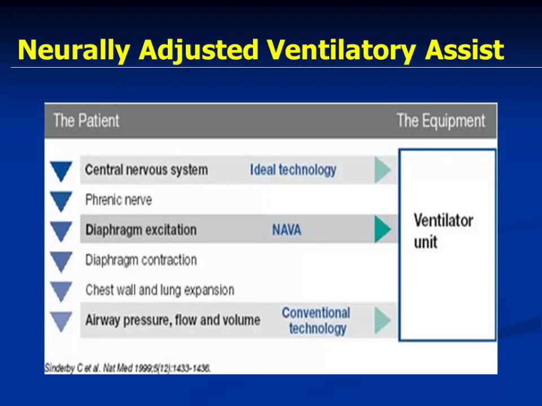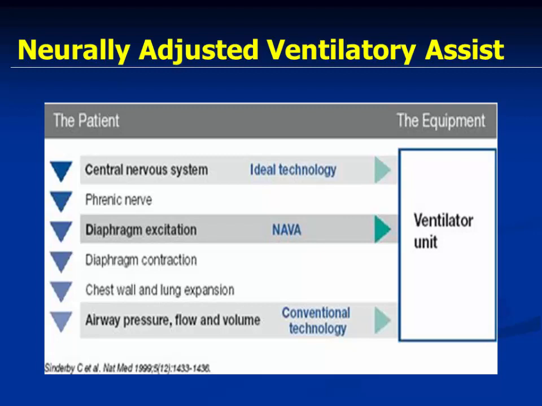What happens in a patient where the respiratory signal starts at the central nervous system. The moment the signal is generated in the respiratory centers in the brain, it travels through the phrenic nerve and reaches the diaphragm. The nerve muscle ending at the diaphragm starts contracting. Then the moment the diaphragm starts contracting, negative pressure generates in the lung.